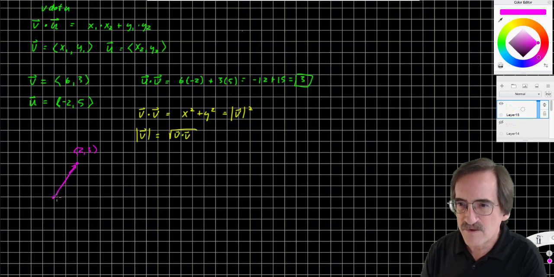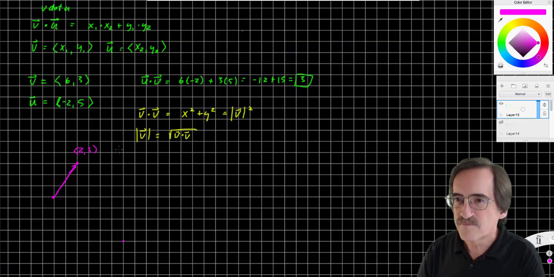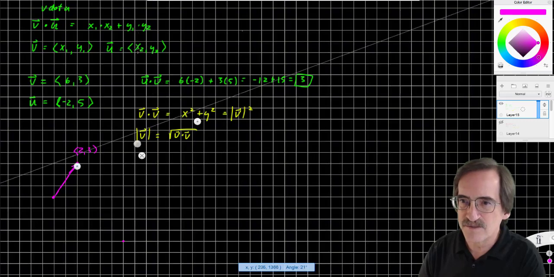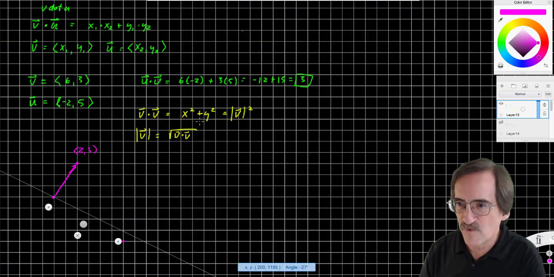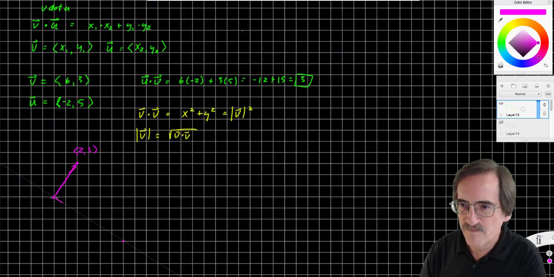And we've got another vector right here, and that is 6, -4.